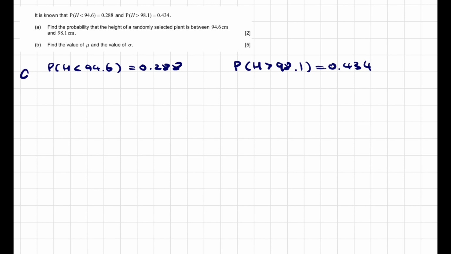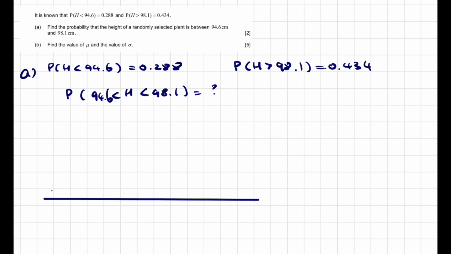So for question A, we have to calculate the probability of H between 94.6 and 98.1, right? So let's draw a distribution graph.